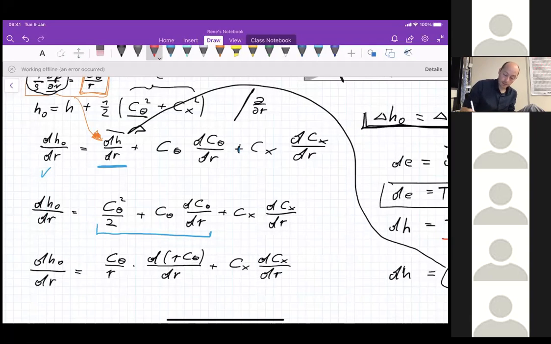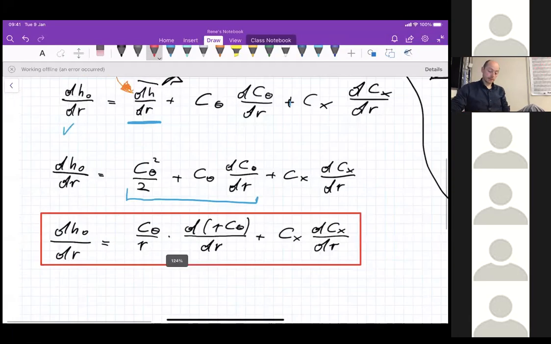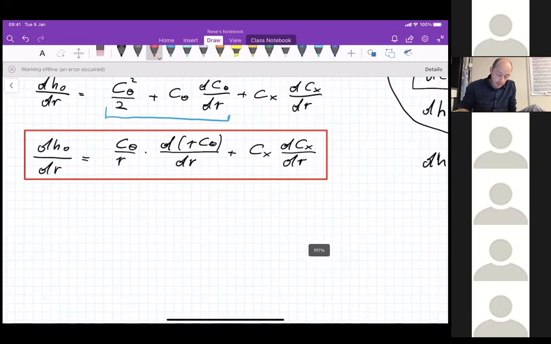And this is a very nice equation that now tells me several things. Let me check if I made a mistake here. No, I think it looks fine. Otherwise I would see also some messages here. I think it's correct.